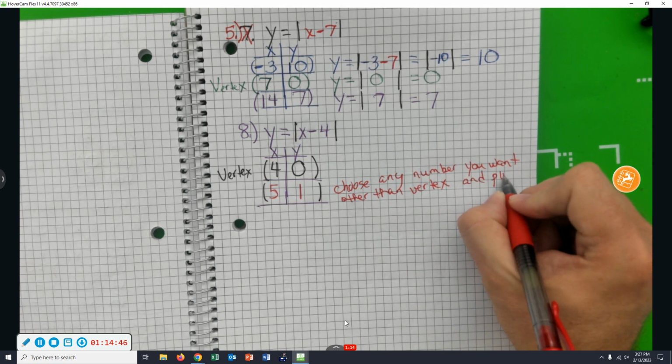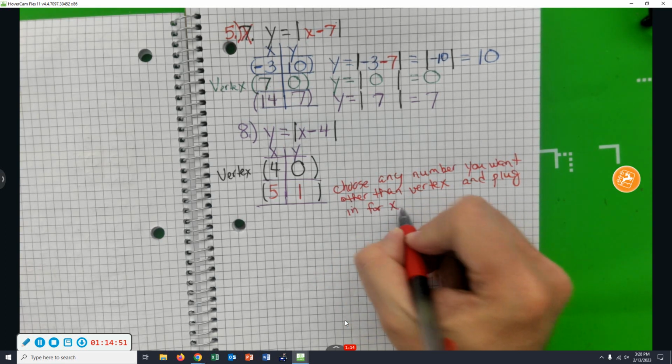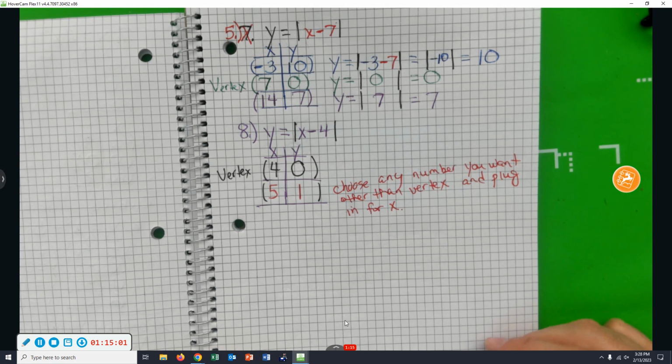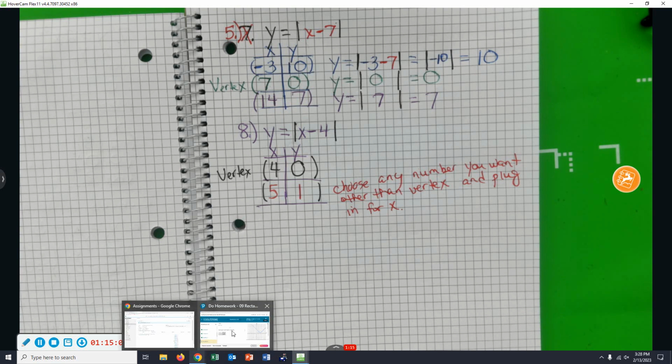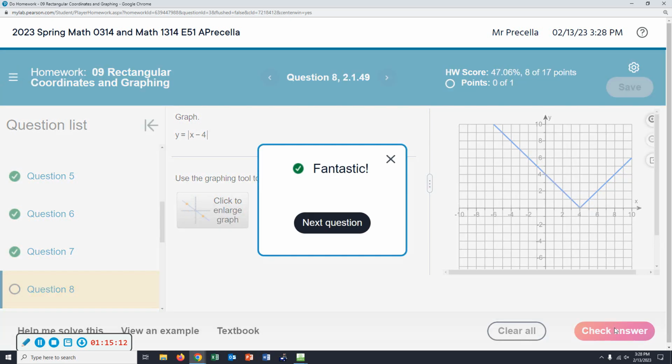And plug in for x. I would always use a number real close to whatever you have for the vertex. If that x coordinate of the vertex is 4, I'd use 3 or 5. Okay? Now, did I check that? No, I didn't. Check it. Okay.